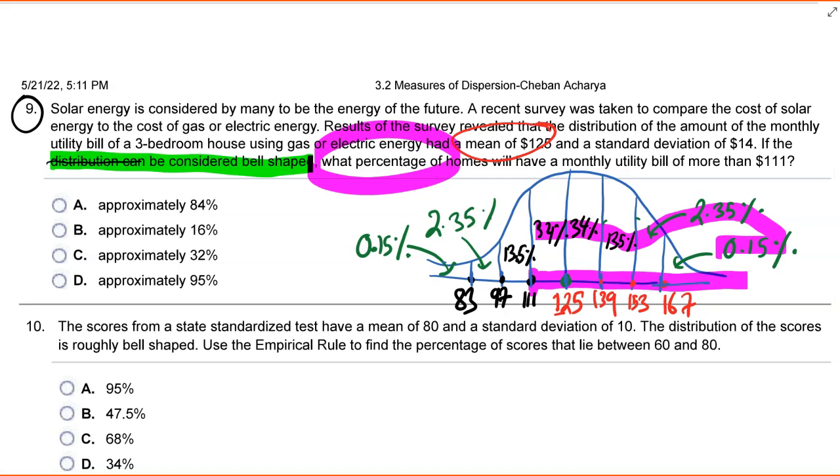If you add all the numbers, 34 plus 34 plus 13.5 plus 2.35 plus 0.15, you get approximately 84%. Therefore, approximately 84% of homes will have a monthly bill of more than $111. That means you add all the percentages that are above 111.